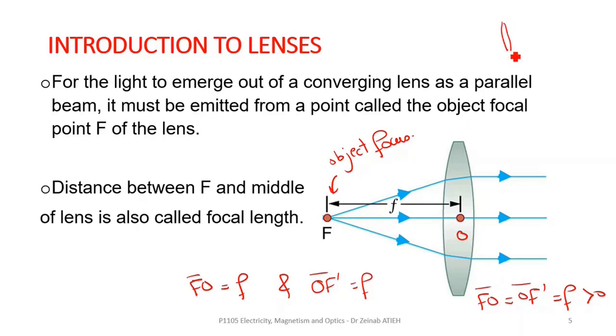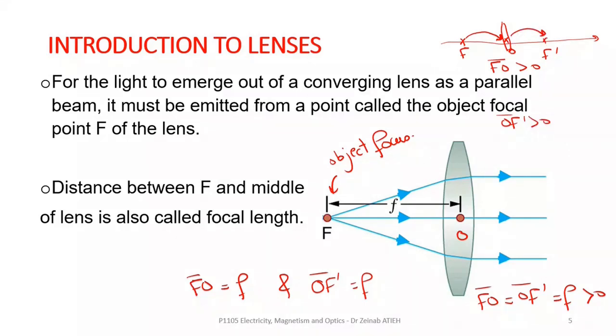This is my converging lens. This is my object focus F, and this is my image focus F prime. This is O. So by definition, FO, in this direction, is the positive sense. Don't forget this is the positive sense. So this is FO, it's positive. The image is real, so OF prime is positive.